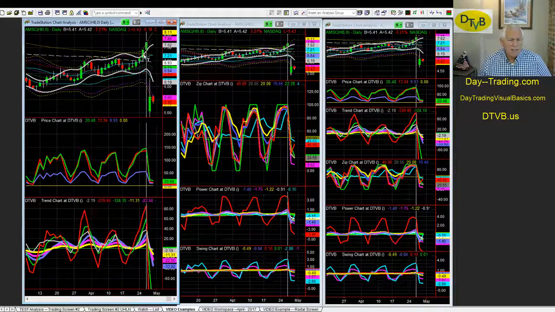You can see that the open of this day, the day before the gap down, opened up above the gray bands. And on both of these days, the close hit the yellow bands.